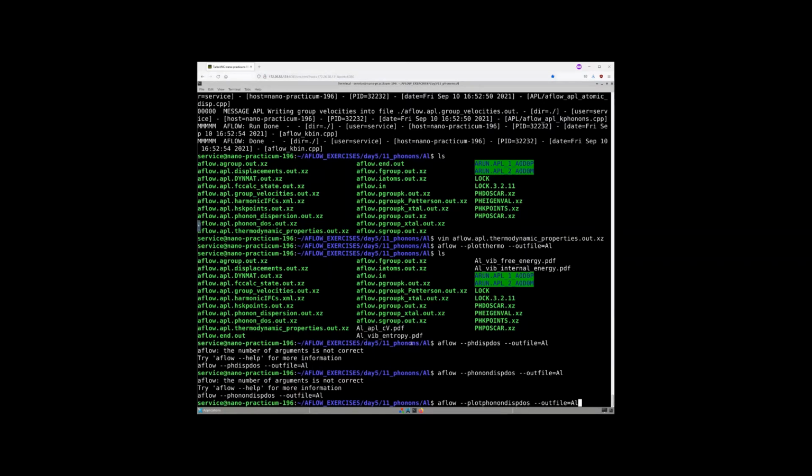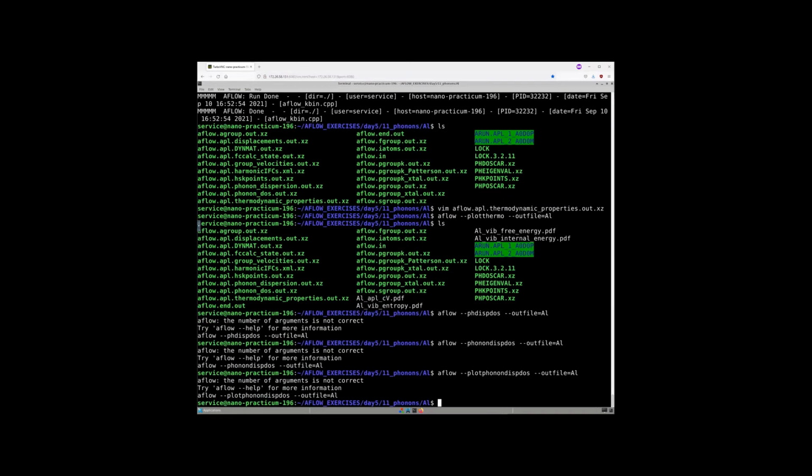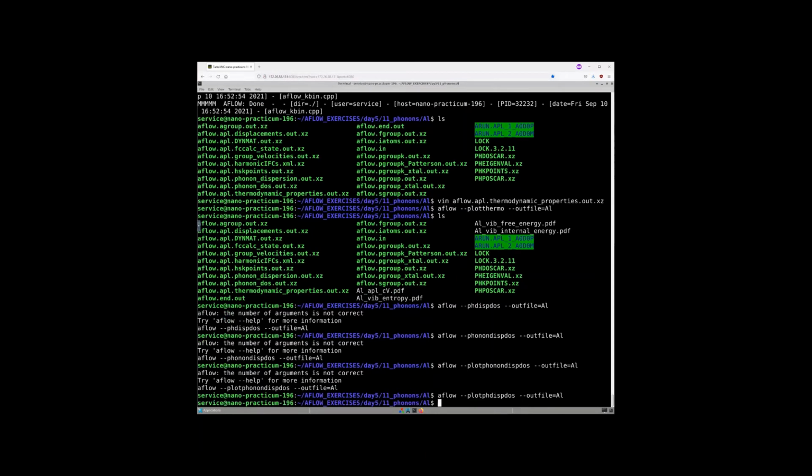I need to add the plot. I'm sorry, I don't know why I'm out of it. This is the right command. I had it right here. So here, phonon disp-dos for phonon dispersion density of state.